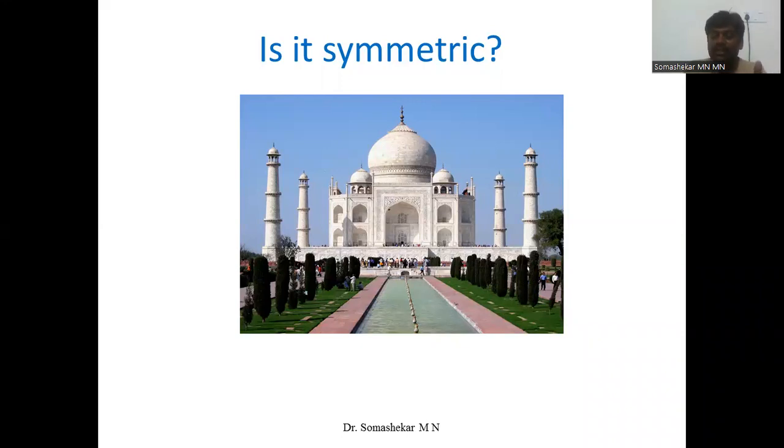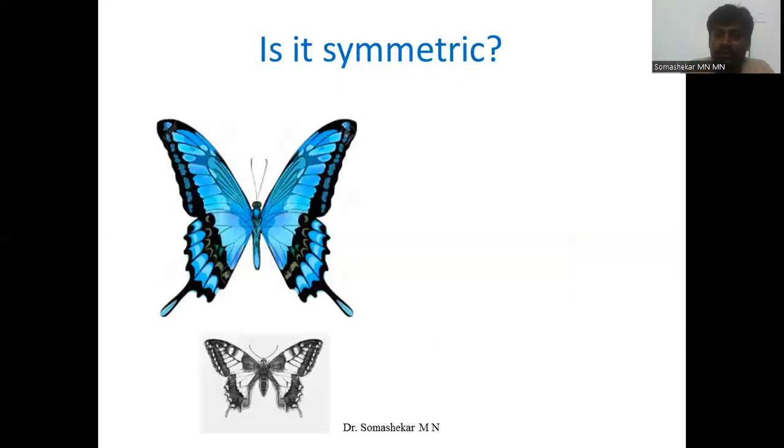If one part is different from the other part, it is not symmetric. So here, if you cut this object, definitely you will find a symmetric nature. One part of the object is the same as the second part.